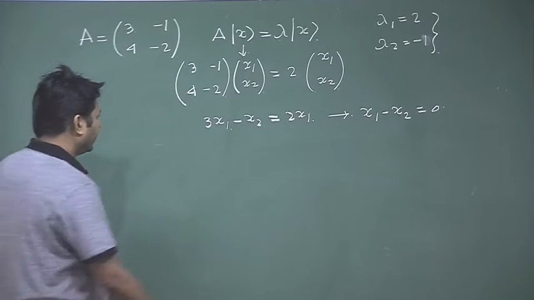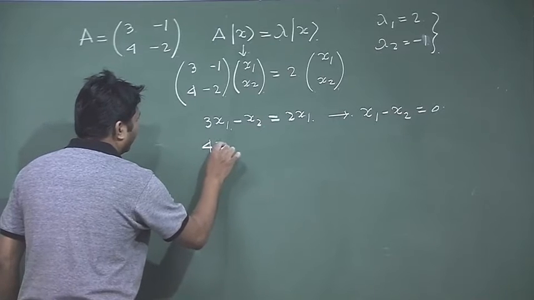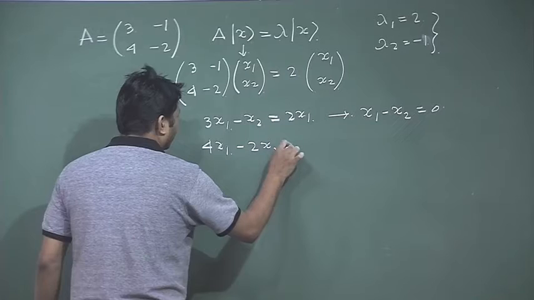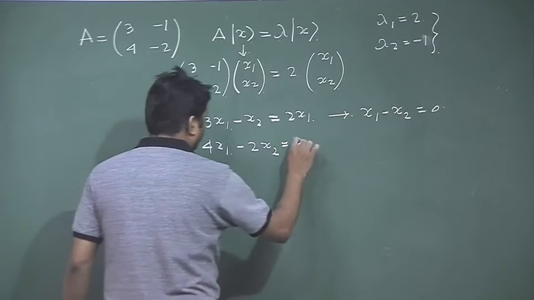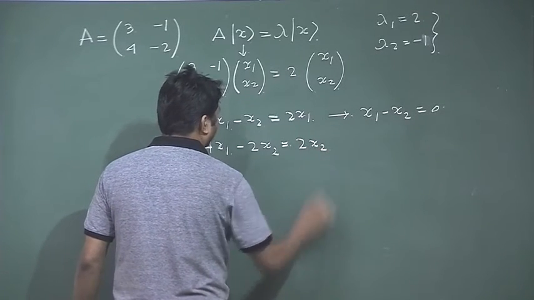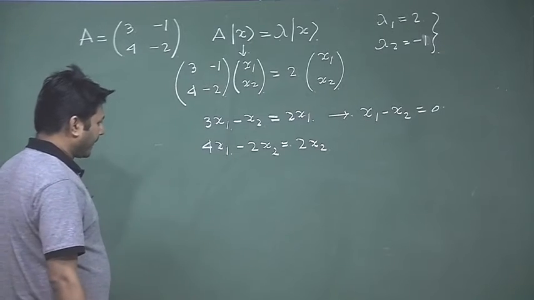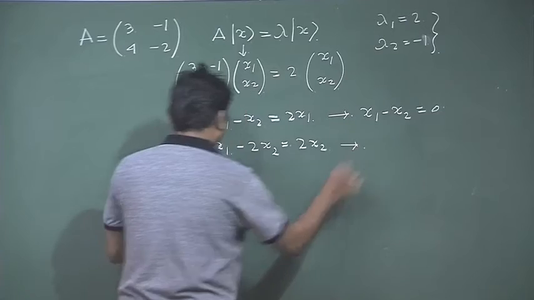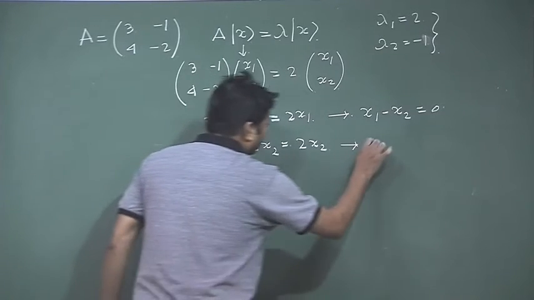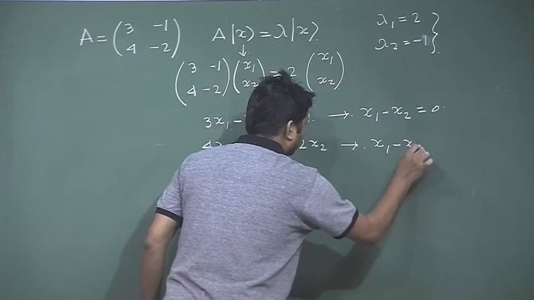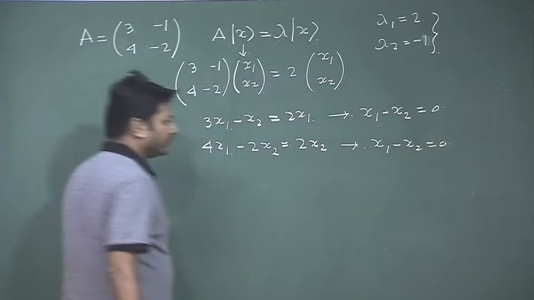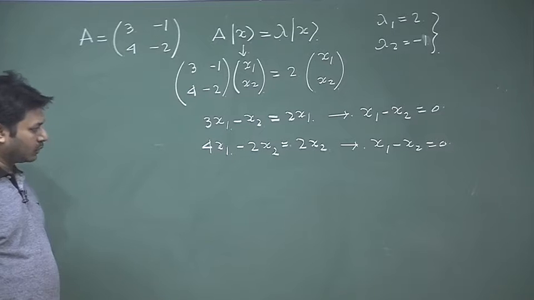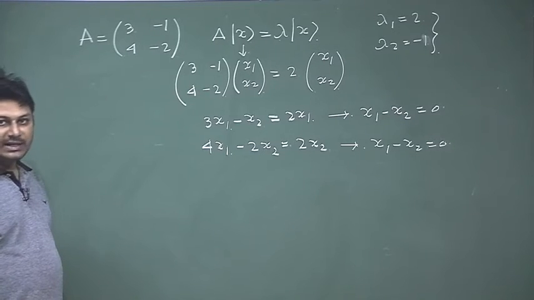What about the second equation? 4x1 minus 2x2 is equal to 2x2. If I put it here and take 4 common, I will get the same equation back, x1 minus x2, nothing new. Two equations I get, but the two equations are the same as each other. So I am not getting any unique result for that.